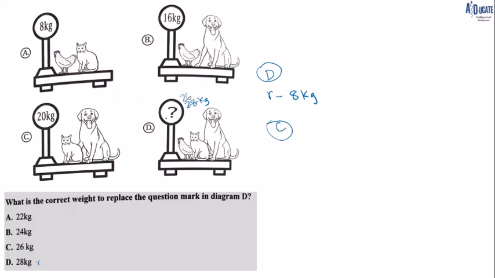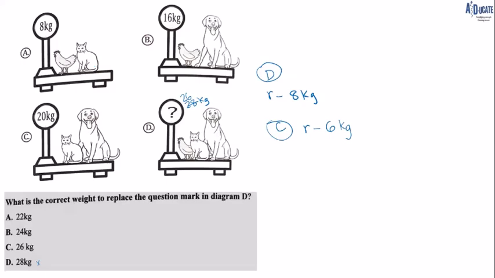The cat and the dog together are 20 kilograms, which means if we added the rooster, the rooster would add 6. So according to C, the rooster is 6 kilograms, which means the cat would be 2 kilograms. In real life, it doesn't sound like it makes sense, but let's see.